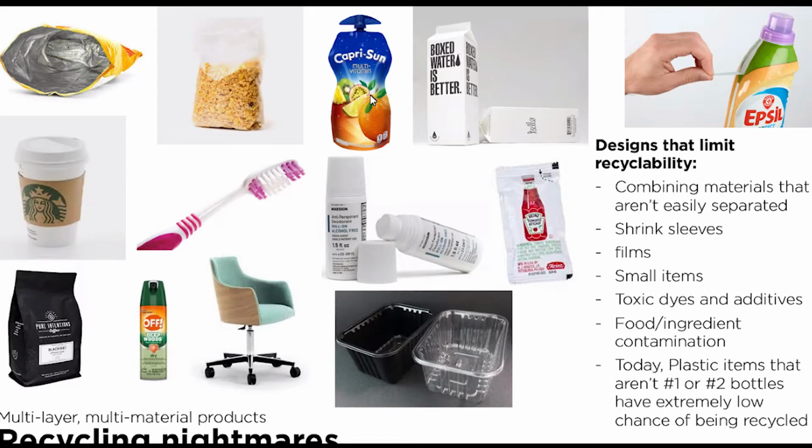So a few other design challenges are things like these shrink sleeves, which are challenging because the sorting machinery sees the one plastic that's in the sleeve, but the bulk of the plastic in that product is actually what the bottle is made out of. And so this contaminates the one type of plastic stream with the other. Now, plastics can't all be recycled together.